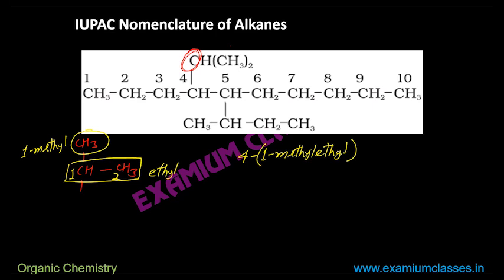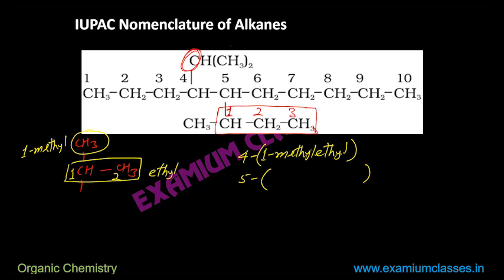Then I need to understand on fifth carbon what I have. To understand this one, I will number this carbon which is attached to the main chain as 1, and then I will find the longest chain, which will be this one. I can't move in both the directions. Remember, I can move in only one direction. So I'm moving towards right. I cannot move towards left. It means the root here of the branch is of 3 carbons.